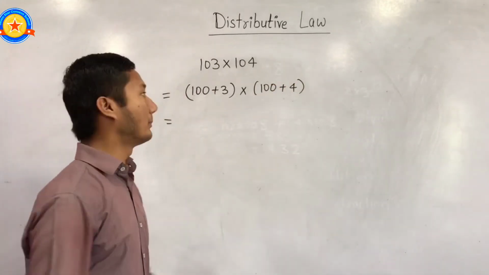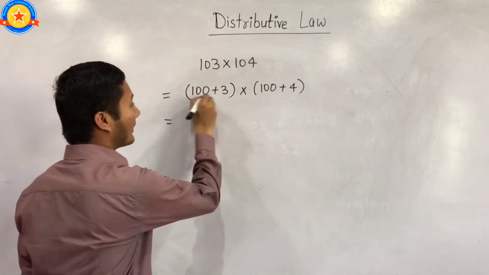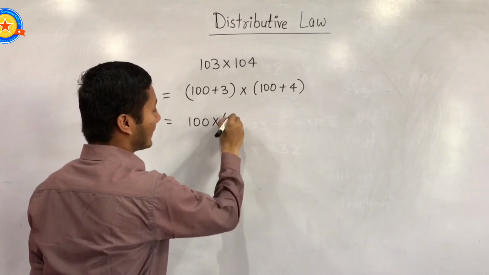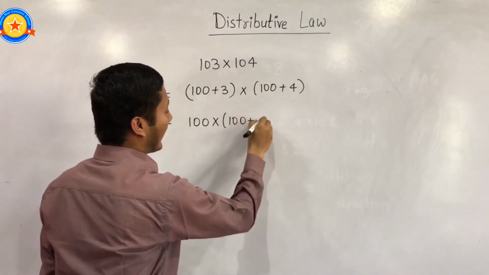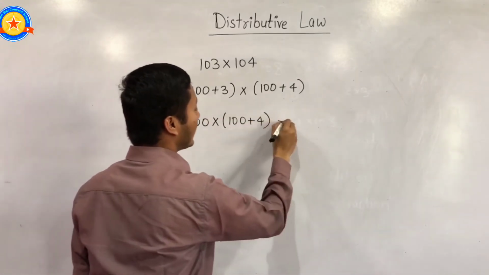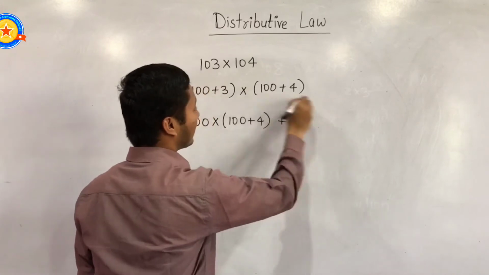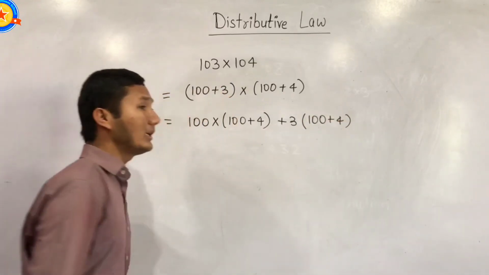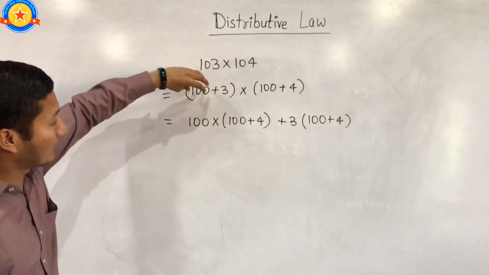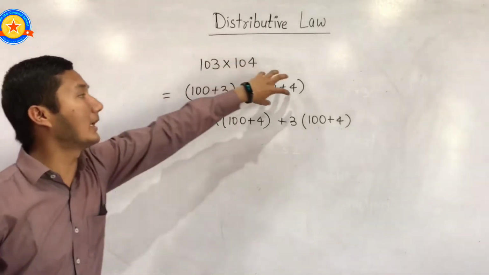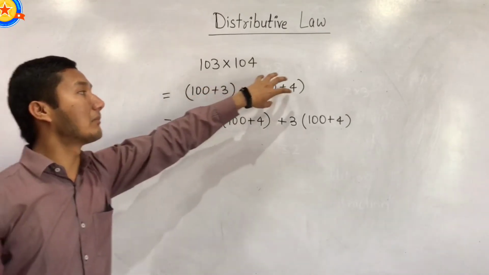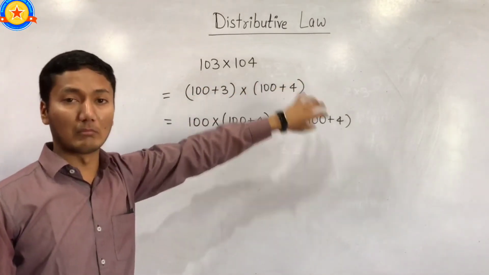It is very simple. We first take 100 and multiply with 100 plus 4, and again we take 3 and multiply with 100 plus 4. That means first of all we take this 100 and multiply with the whole number, and secondly we take 3 and multiply with this whole number.